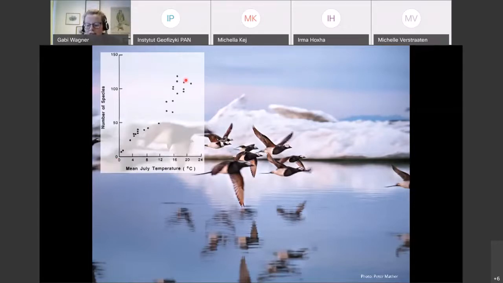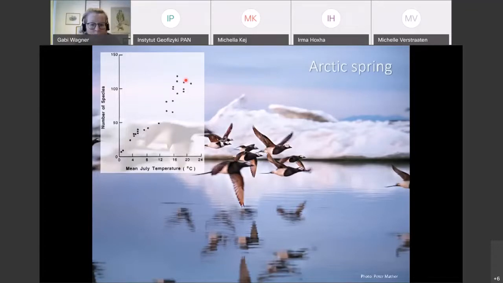So even though the Arctic is mostly very cold, it does offer an enormous amount of energy to all sorts of animals, and makes it worthwhile to go on a very long migration, on which they spend, of course, a lot of energy.